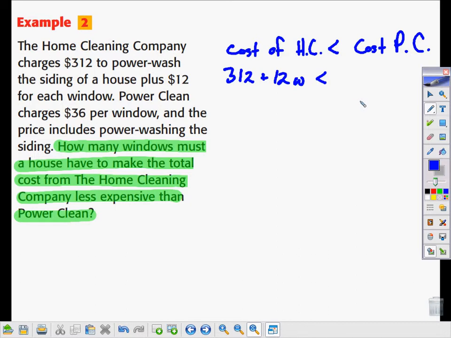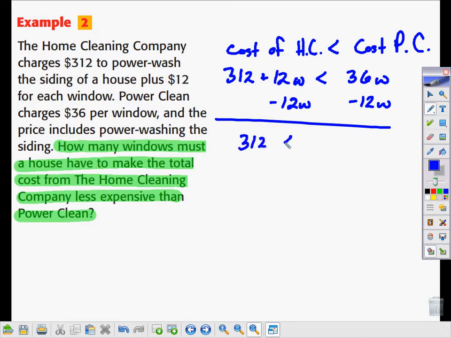And the price includes the siding, so there's no extra charge. We just have 36 for each window. Okay, so 36 times W. Let's solve for W, so I'll take away 12W, so I have the variable on one side. We have 312 is less than 24W.